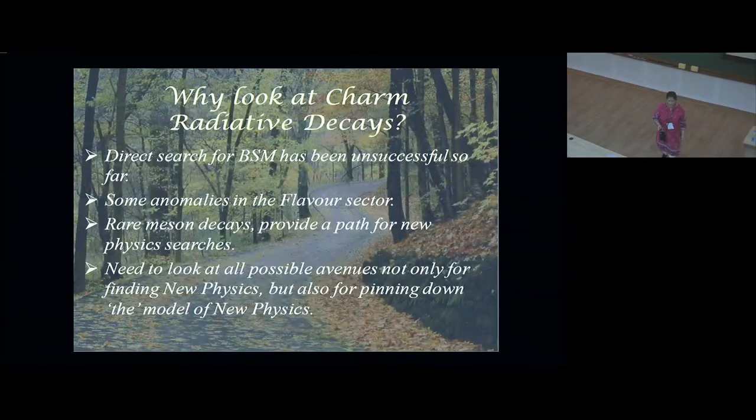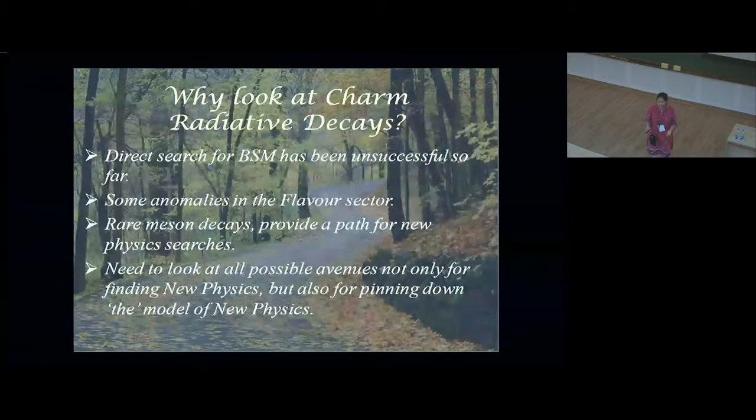In fact, John has been talking about symmetry and how it explains many things. So you have to try to come up with various possible anomalies or new physics signals, and hopefully all of them can be explained in one framework that can help us pin down the model of new physics.